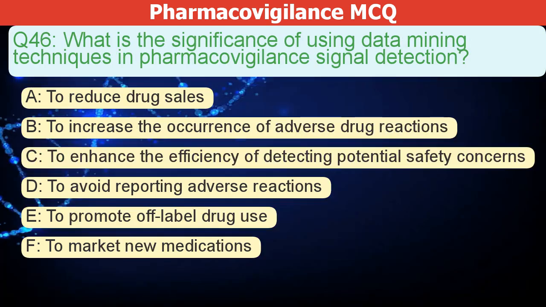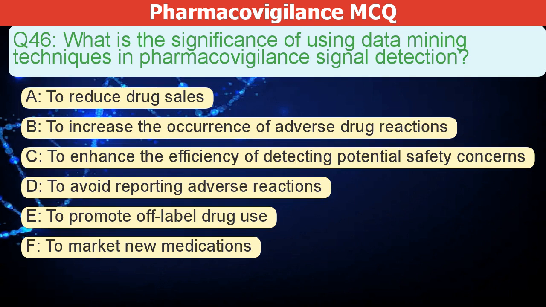What is the significance of using data mining techniques in pharmacovigilance signal detection? A. To reduce drug sales. B. To increase the occurrence of adverse drug reactions. C. To enhance the efficiency of detecting potential safety concerns. D. To avoid reporting adverse reactions. E. To promote off-label drug use.